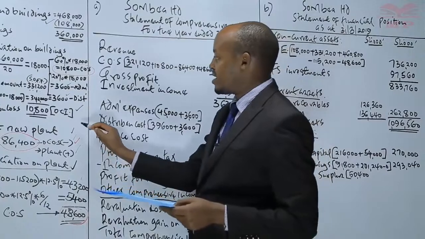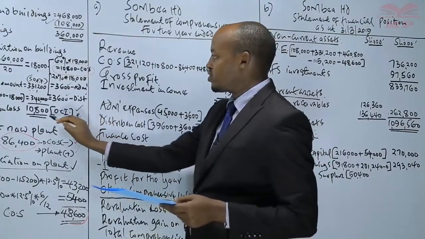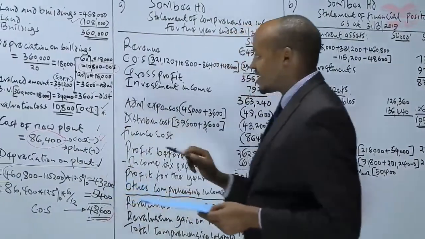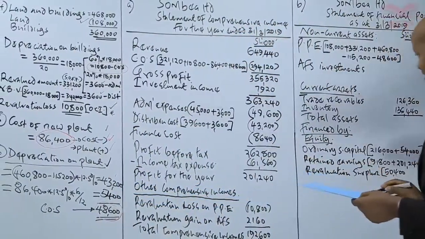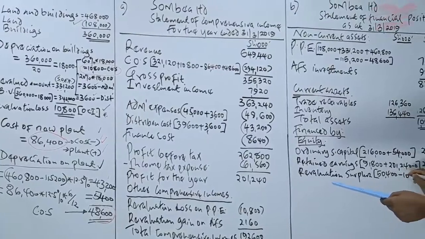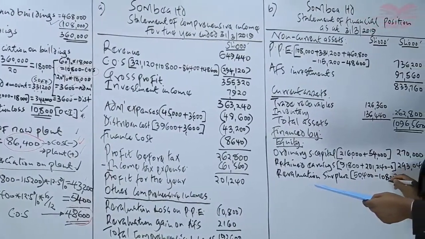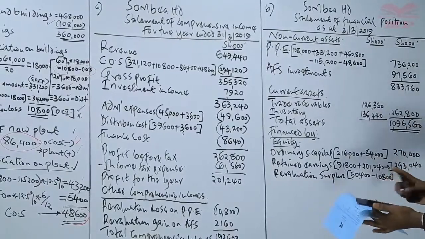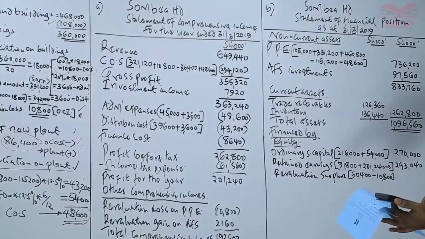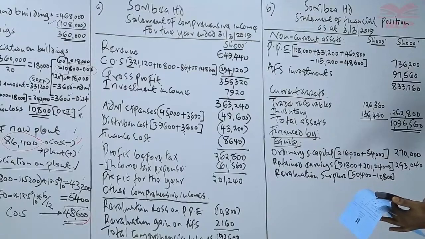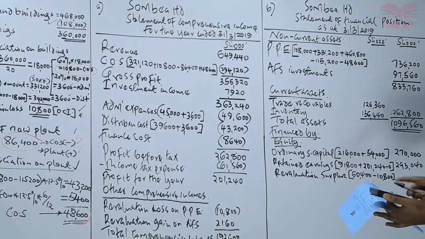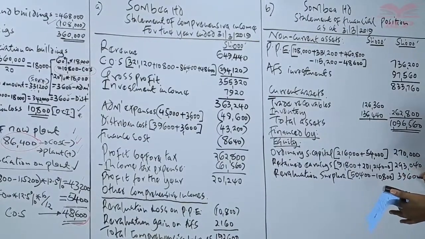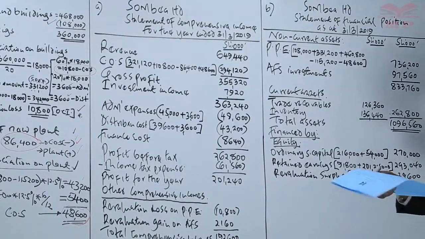I hope you remember we computed the revaluation loss in respect of buildings, which was 10,800. Because it is a loss, it will reduce that surplus. So we deduct it from that figure: 50,400 minus 10,800 gives us 39,600.